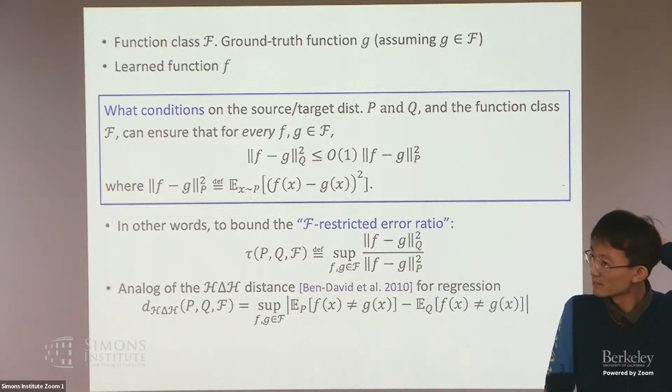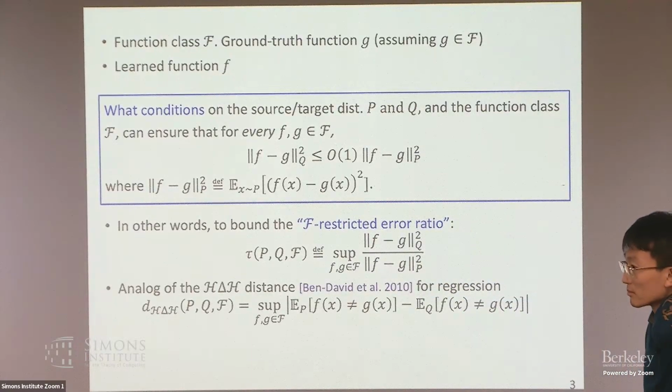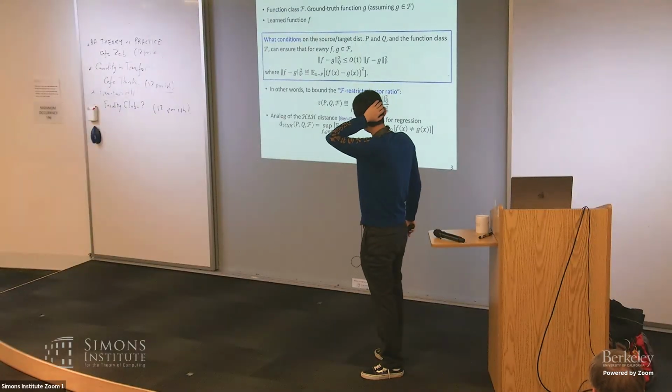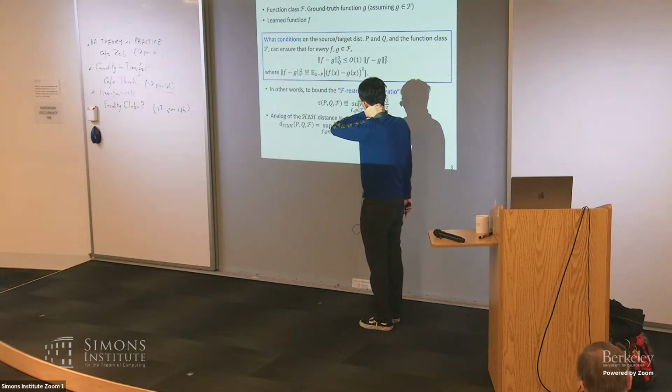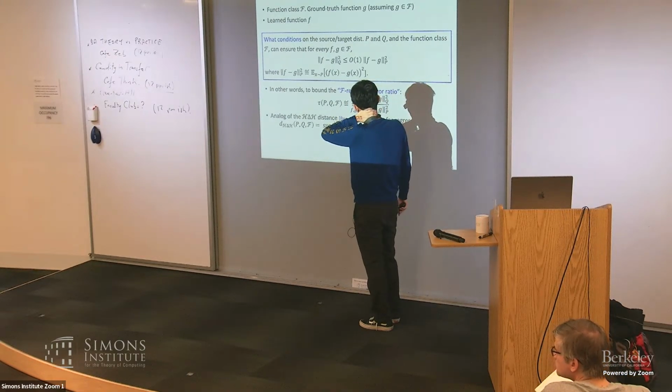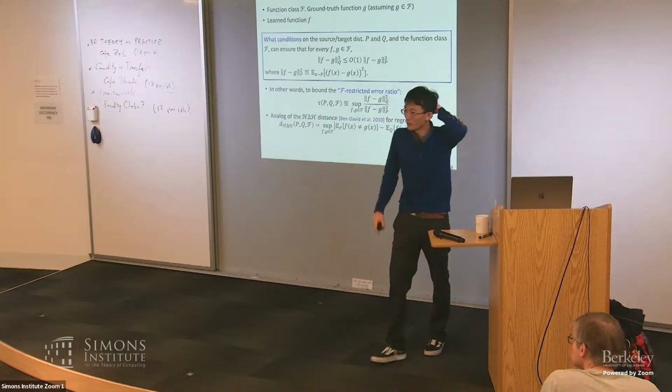But whenever you have a ratio, you have to worry about the denominator. Yes, that's true, but even if you have the absolute distance, it's kind of hard. Anyway, let's work with the ratio for a moment.